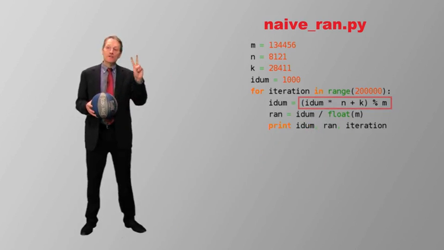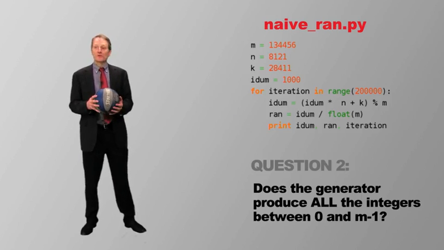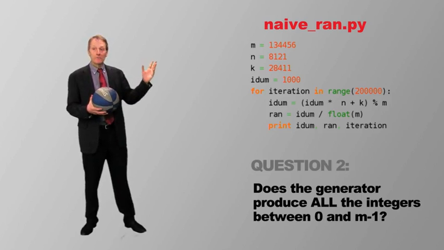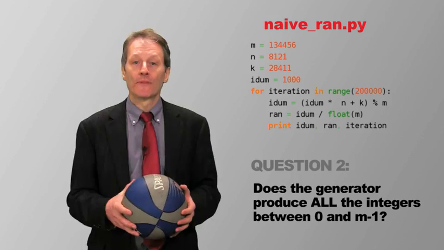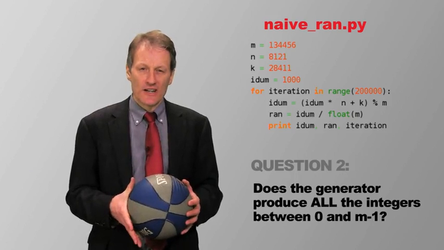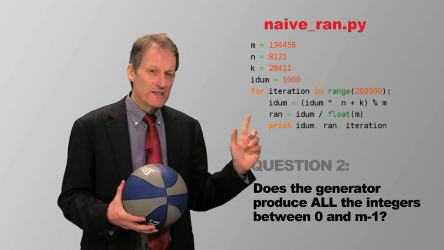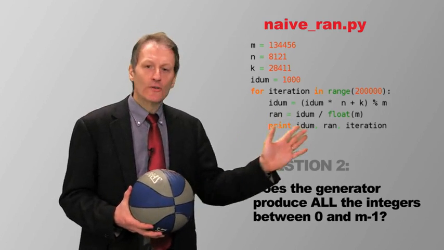Now, question 2. We have understood that the integers idem are between 0 and m minus 1. Does the generator generate all the numbers between 0 and m minus 1? Or does it leave out a few of them?